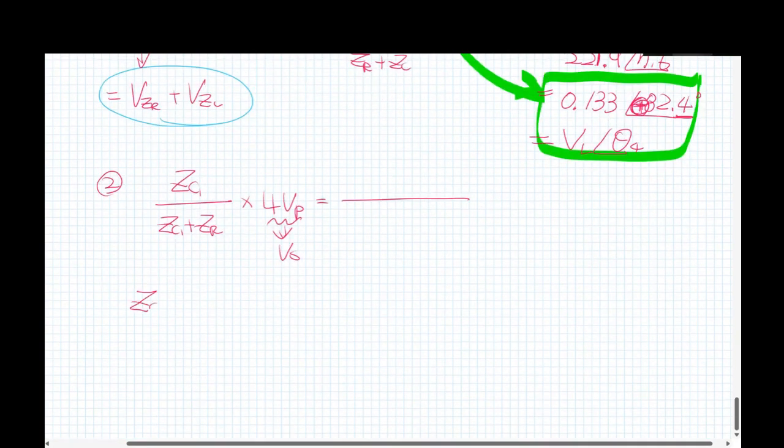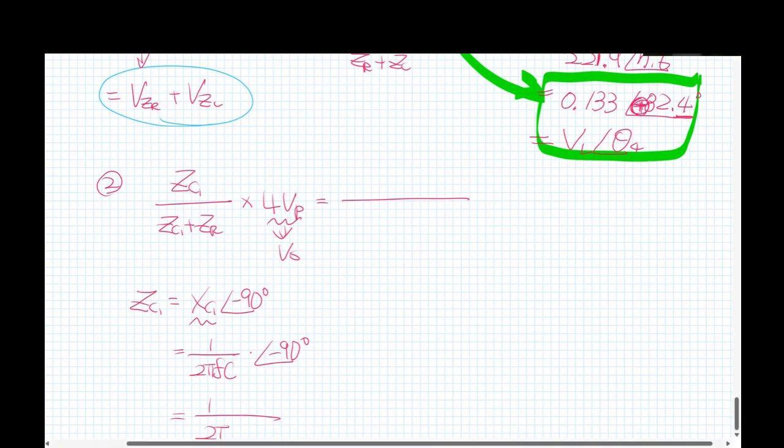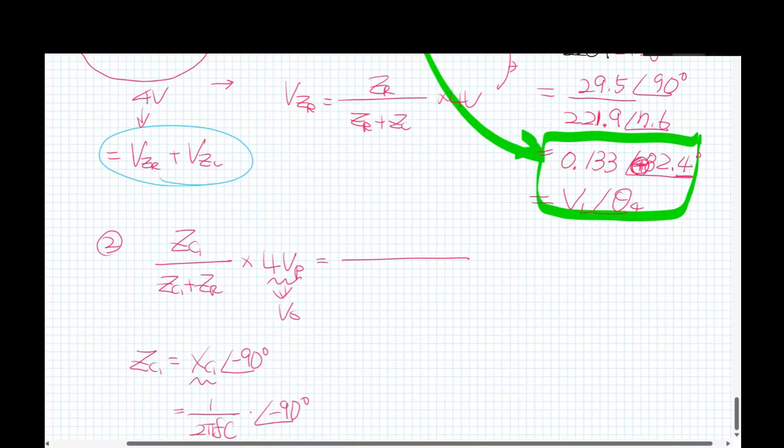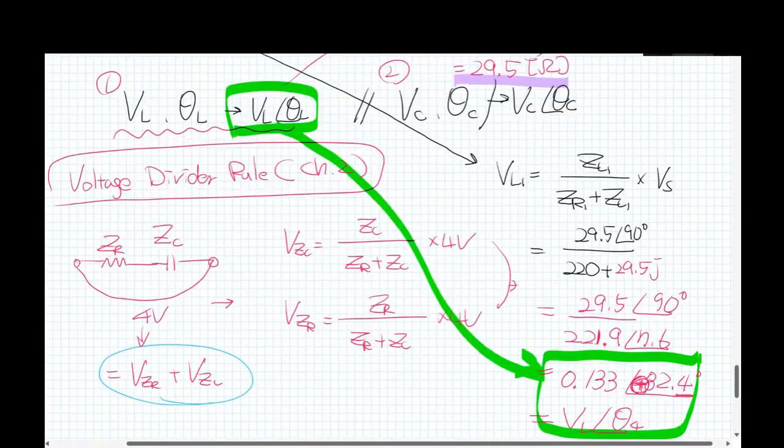Z sub C1 is X sub C1 at minus 90 degrees. X sub C1 is 1 over 2 pi F C, at minus 90 degrees: 1 over 2 pi times 1000 times C, where C is 100 nanofarad.